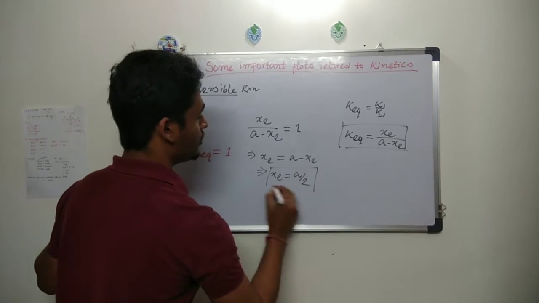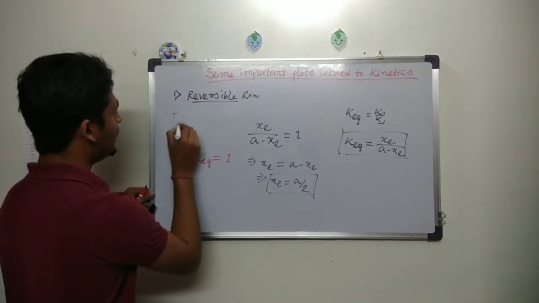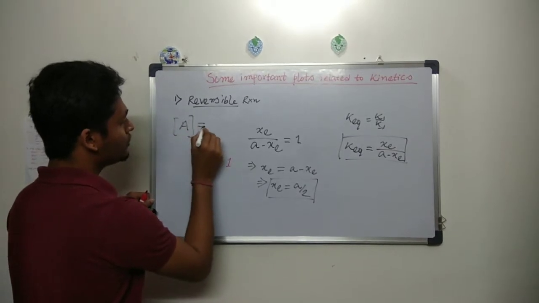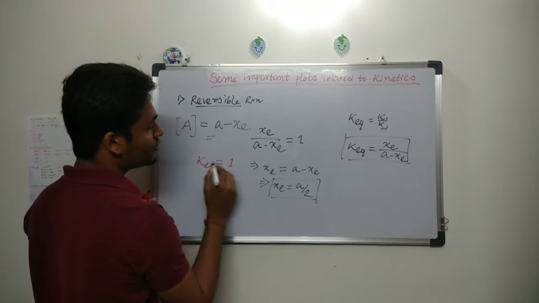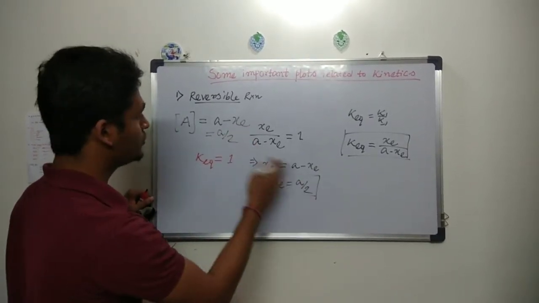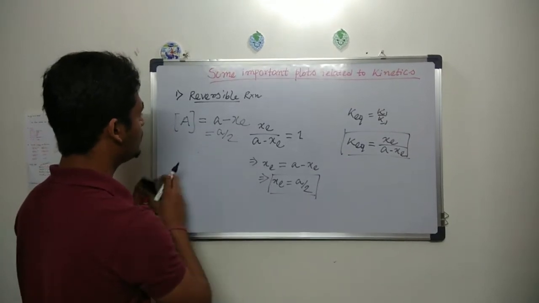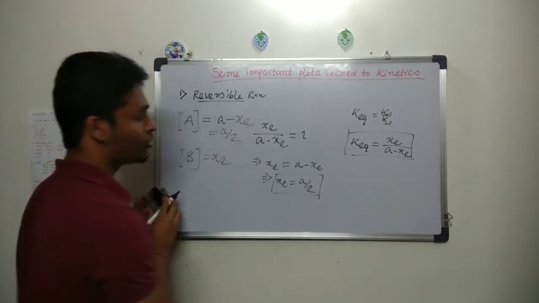So now the concentration of A, that I told you is A minus X, will be A by 2 if you just put the value, and the concentration of B will be only Xe. Now let's draw the plot.